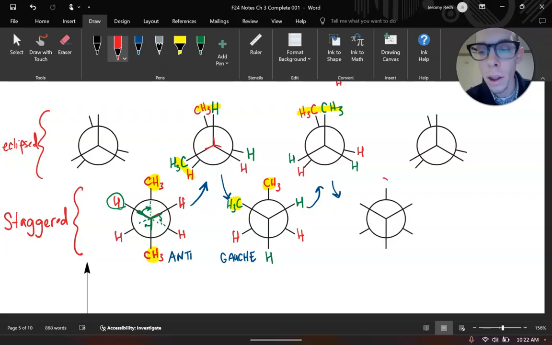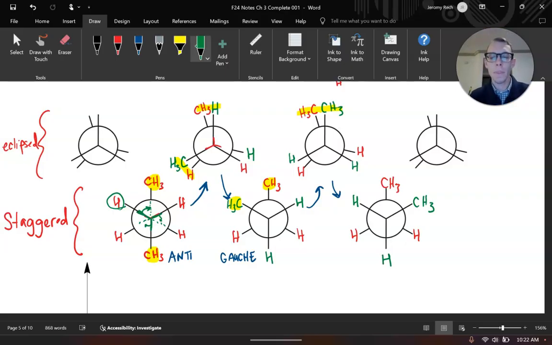We're going to keep our back the exact same in all of these. And we can then rotate our front a little bit more clockwise. So we have our hydrogens and our carbon. And this is going to be another example of a gauche. You'll always go through multiple gauche. And then I can rotate that one more time up to my top one. So again, keep my back the exact same.